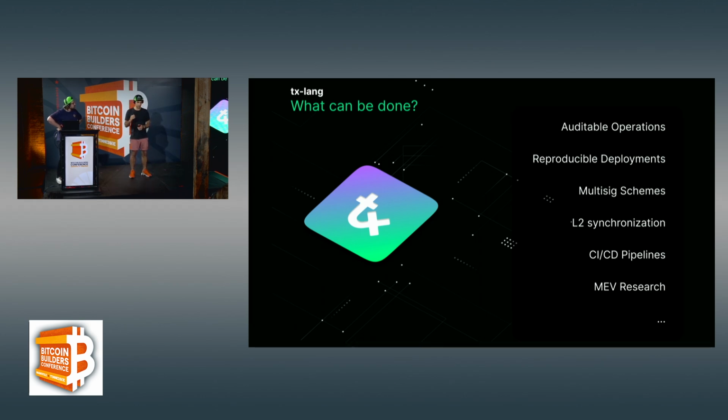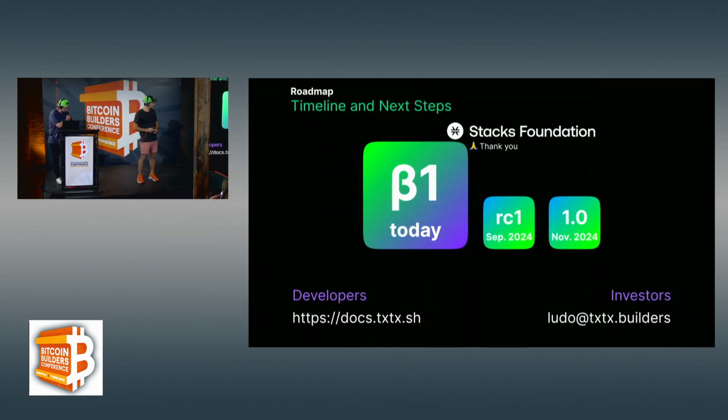We are also exploring L2 synchronizations on other chains. But yeah, we will be exploring many different aspects that sound interesting. So we are pleased to announce that the beta is available today.